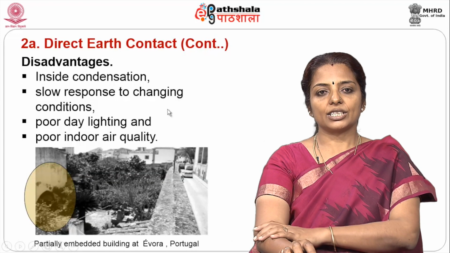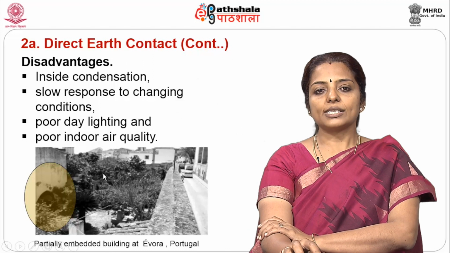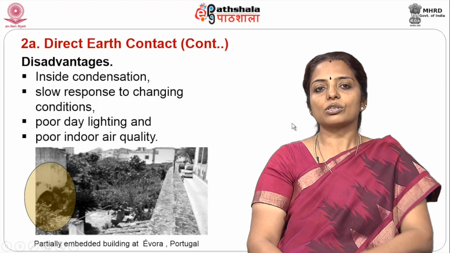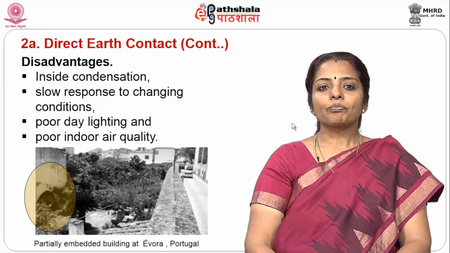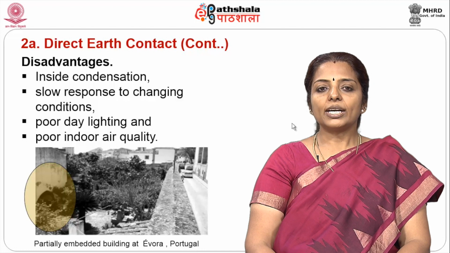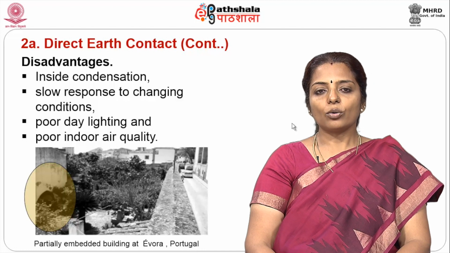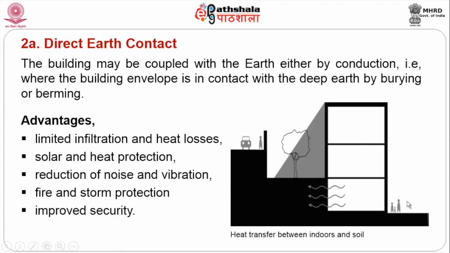The disadvantages are inside condensation. Sometimes it can result in condensation because of temperature differences. Slow response to changing conditions. Poor day lighting and poor indoor air quality, both are important. Here we can clearly see that cross ventilation cannot happen because the entire building is submerged within the ground, within the soil.